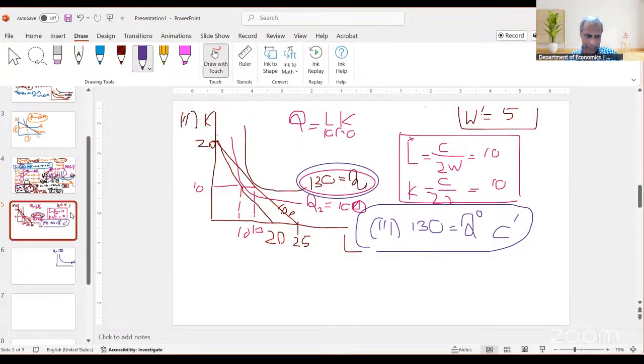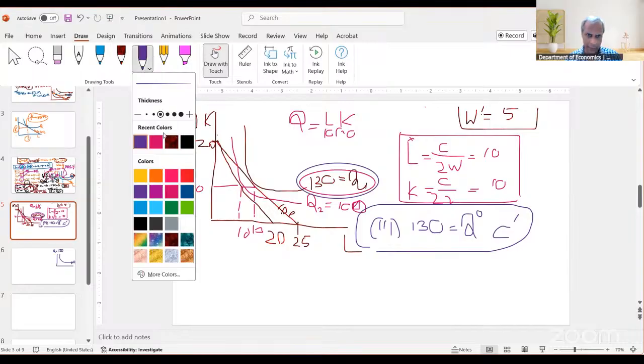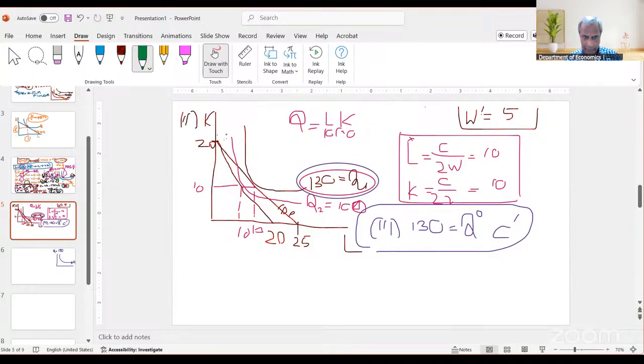I mean, graphically, if you show the second ISO cost curve, I used a green parallel. It touches the original, sorry. It didn't come properly. Yeah, something like that.